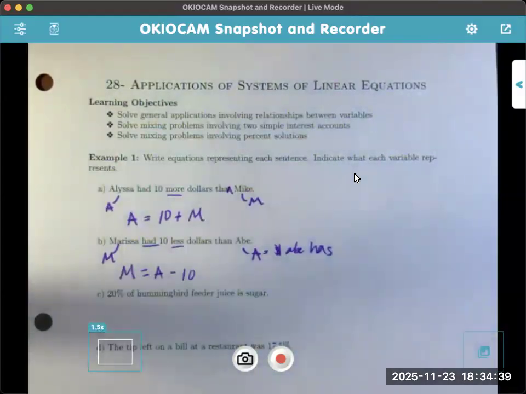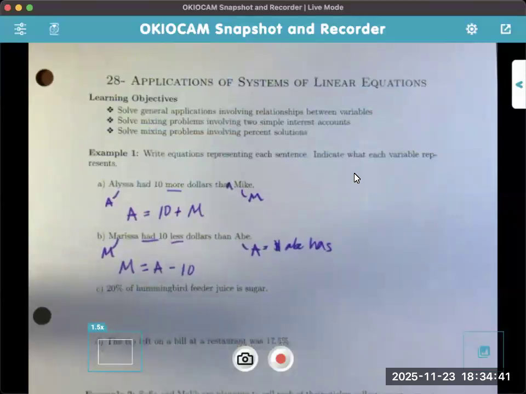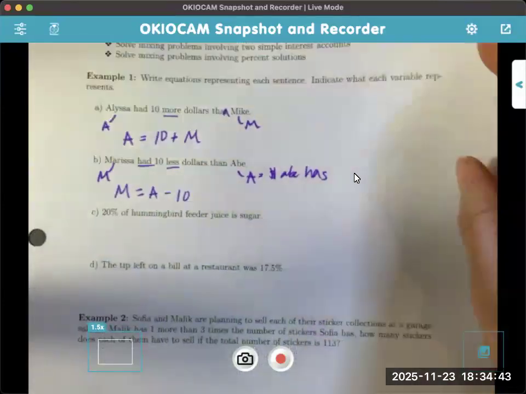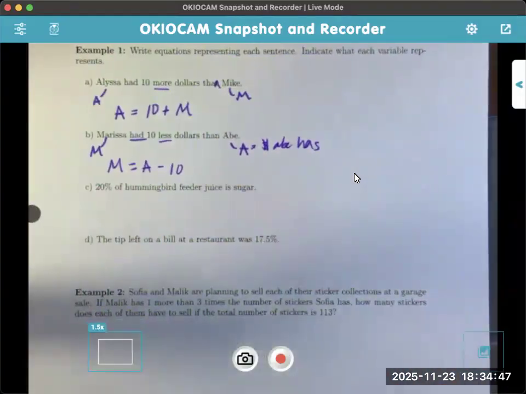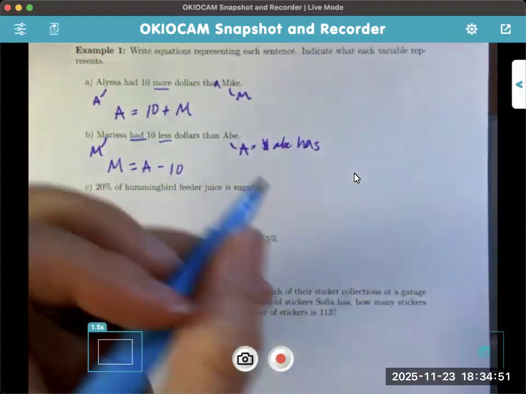So C, 20% of hummingbird feeder juice is sugar. So let me change colors actually. Let's see.